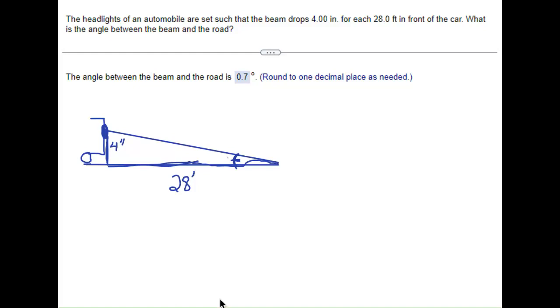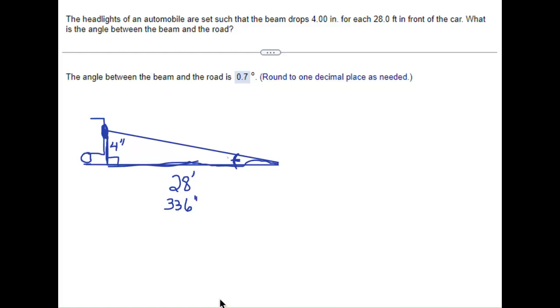There's 12 inches in a foot, so if I take 28 feet and multiply it by 12 inches, that's the same thing as 336 inches. So I'm going to use that measurement. Here's my right angle. The 4 inches is opposite, and the 336 inches is adjacent. So the function we're going to use here is the tangent.